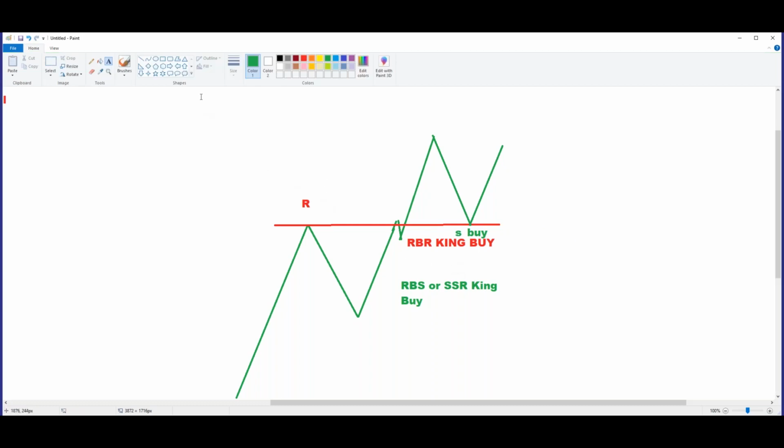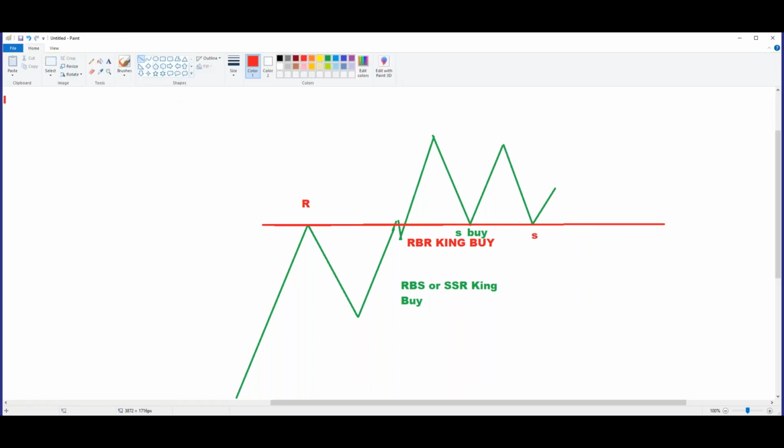Okay, now let's suppose that price is going down again, trying to break this support. Try to break this level. Okay, we make another support over here.